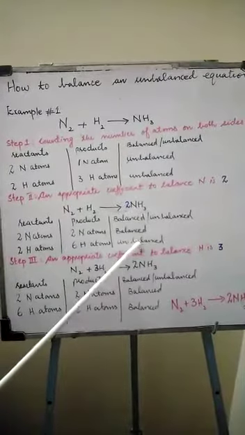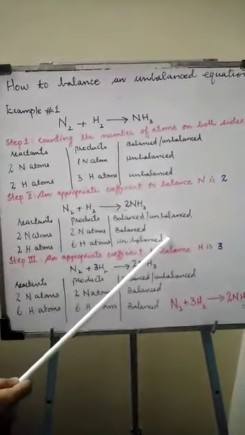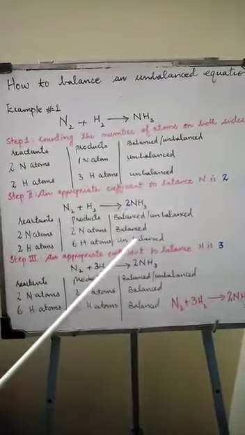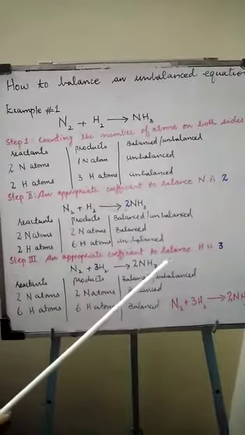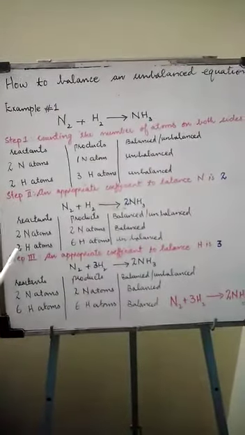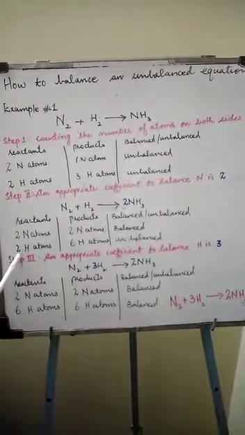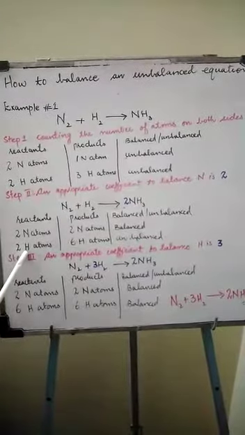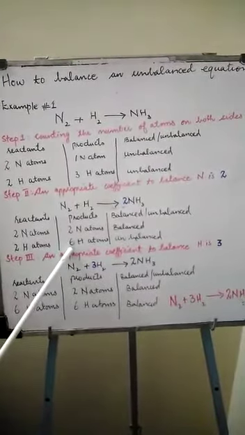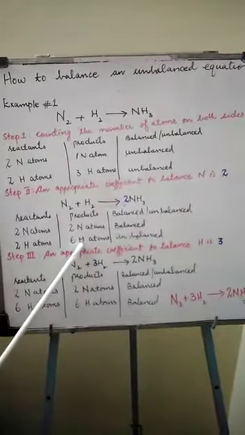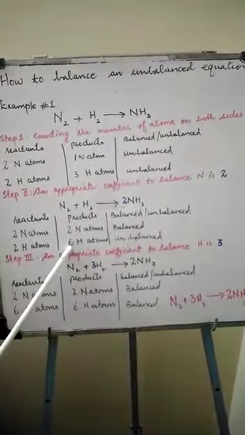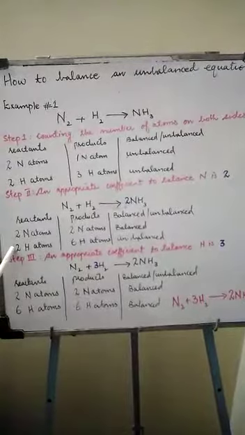So hydrogen atoms are not balanced. In the next step, we'll go to balance hydrogen. Here you can see that on the reactant side we have 2 hydrogen atoms, but on the product side we have 6 hydrogen atoms. So we will work on the reactant side.